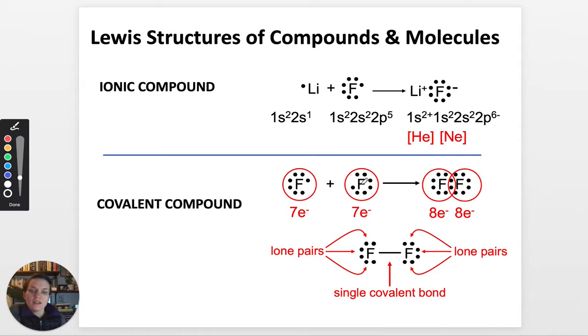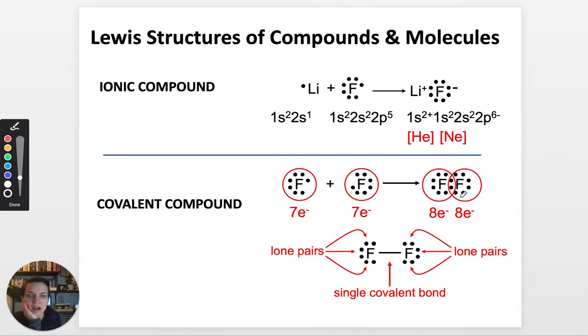So we have 2 fluorines, 7 electrons in their valence shell, right? We looked at it as our orbital diagram, but now we can just simplify it and think just about the number of electrons in our valence shell, and we know that that correlates to our column of the periodic table.